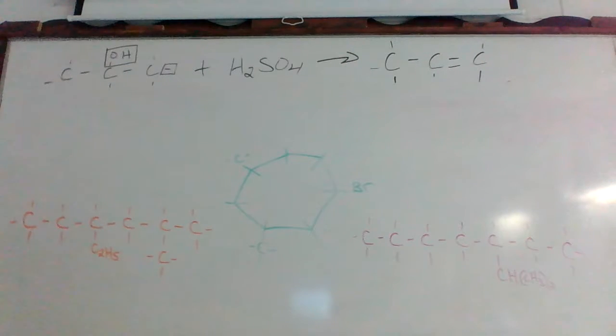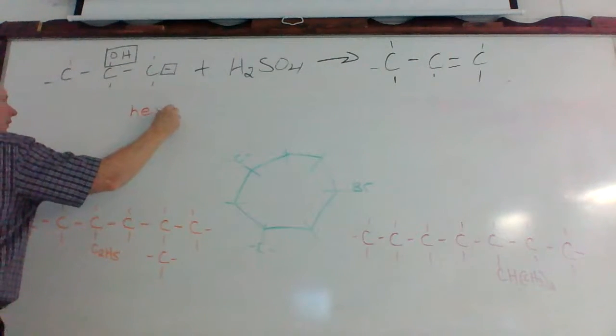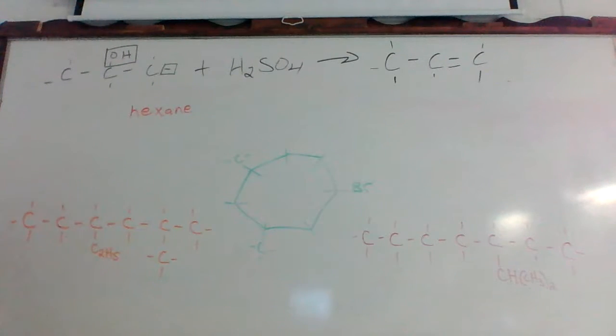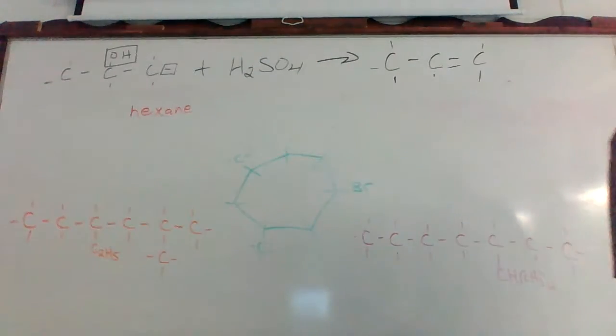Everything's single bonded, so it is hexane. Of course, there's a couple of derivatives branching off of that hexane. What do you think they are? There's a methyl group and an ethyl group.